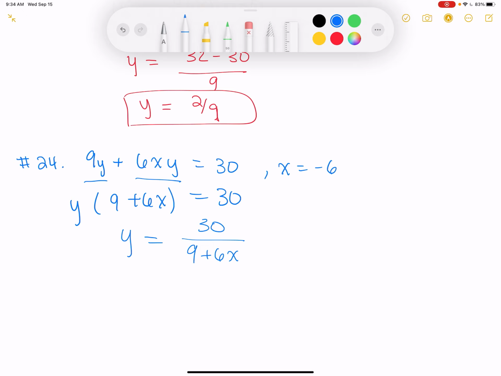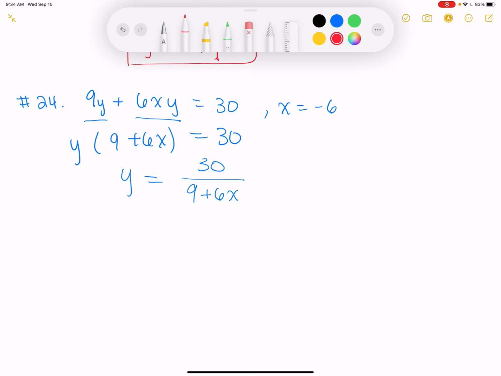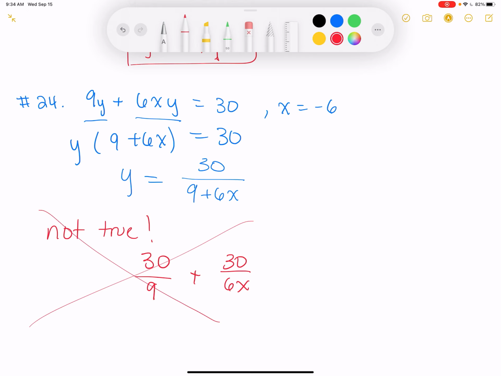Now I'm going to show you something that is not true, but it's a common mistake that people make: 30 over 9 plus 30 over 6x. Whoa. Not true. Don't do it. I see it all the time, and you can't do that.